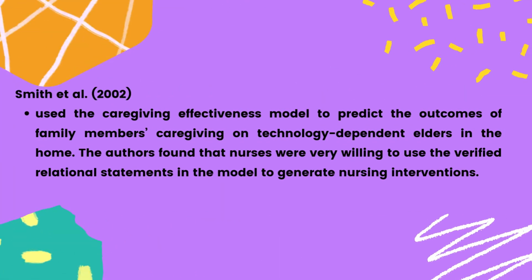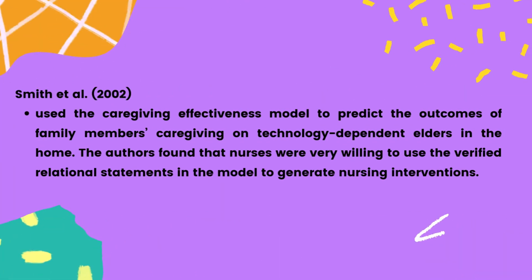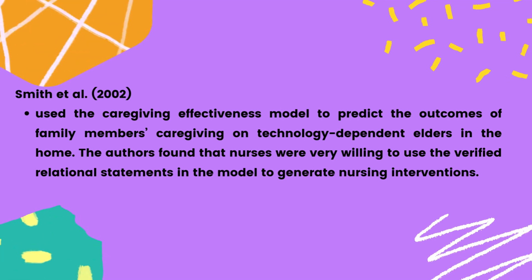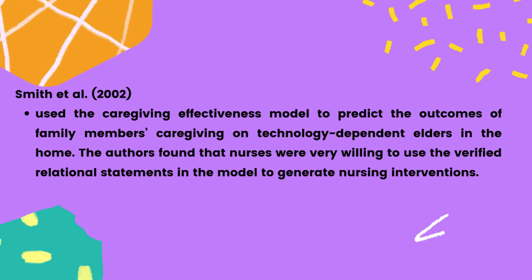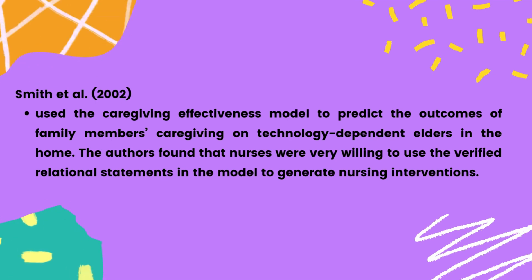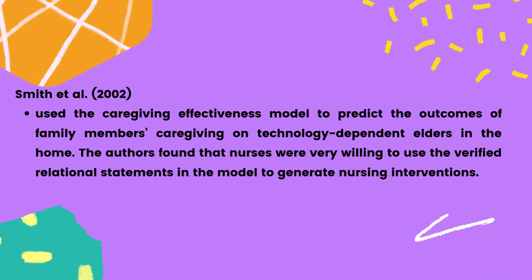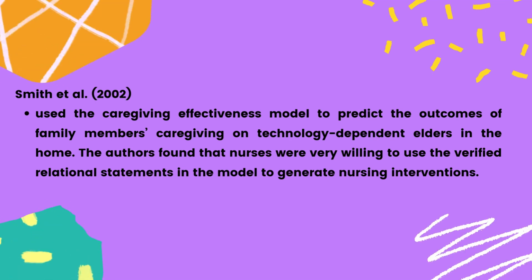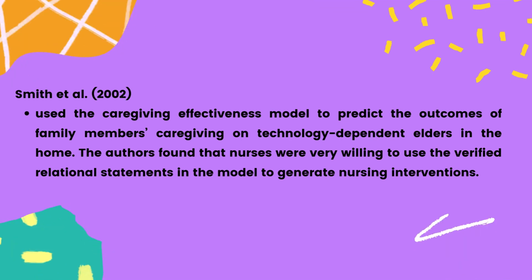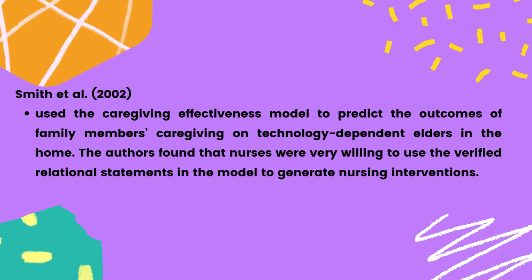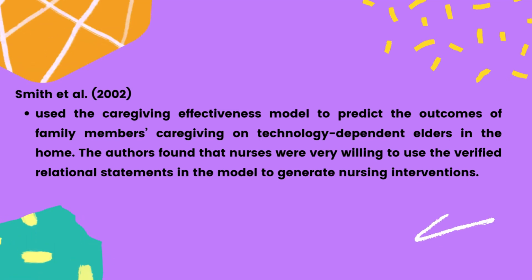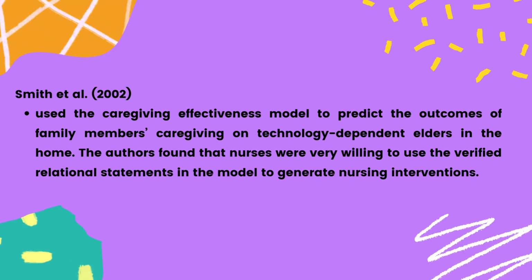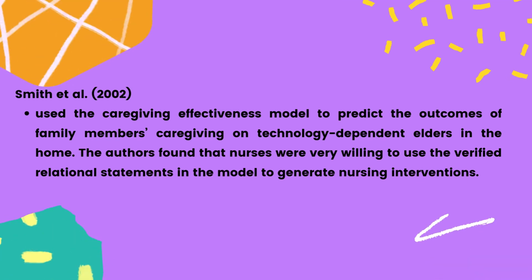According to Smith et al. in 2002, they used the caregiving effectiveness model to predict the outcomes of family members' caregiving on technology-dependent elders in the home. So the authors found that nurses were very willing to use the verified relational statements in the model to generate nursing interventions.